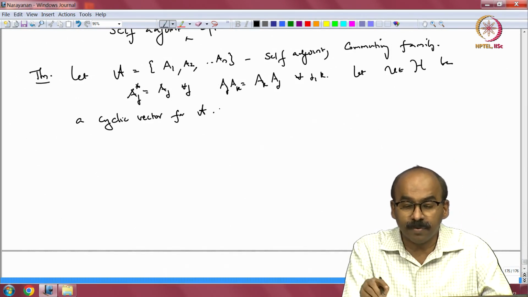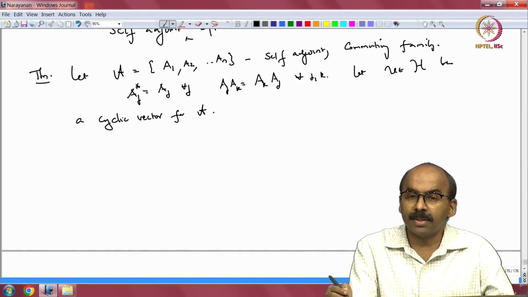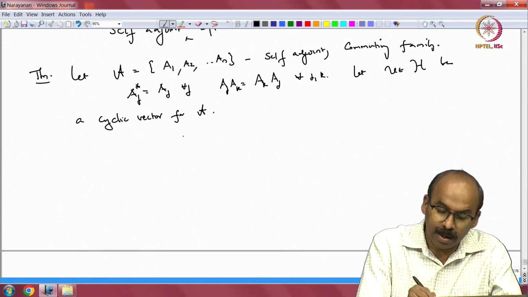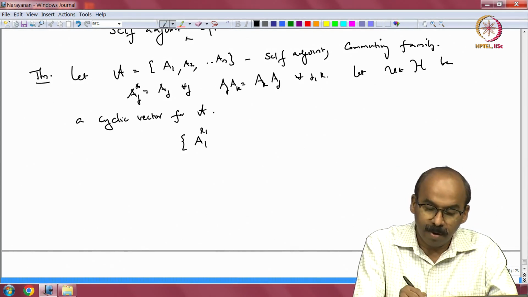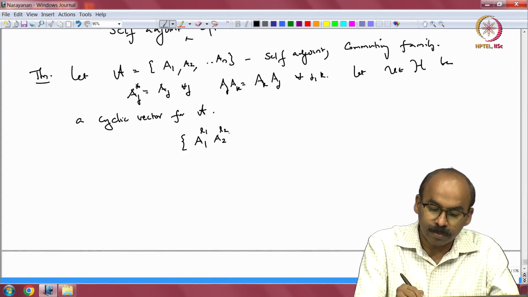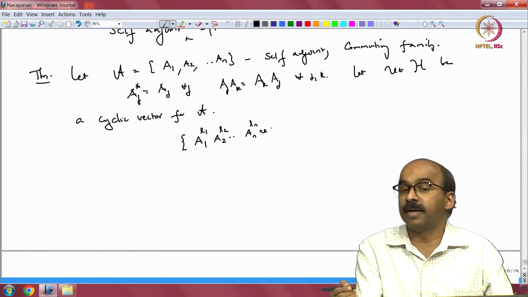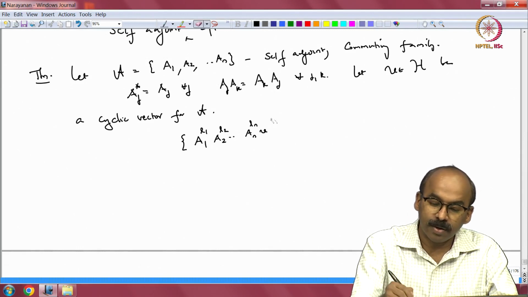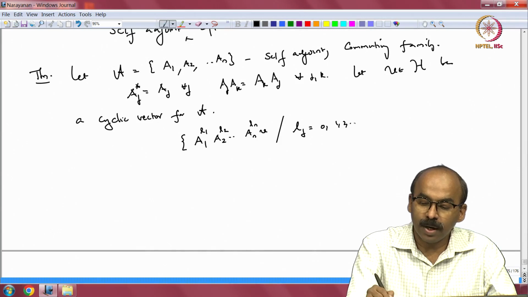We know that if self adjoint and commuting is there, we know how to write down the cyclic subspace generated by a vector. So, you look at all powers of A1, powers of A2, etc., powers of An acting on the single vector V, and maybe I should write L1, L2, Lj's are 0, 1, 2, all powers.